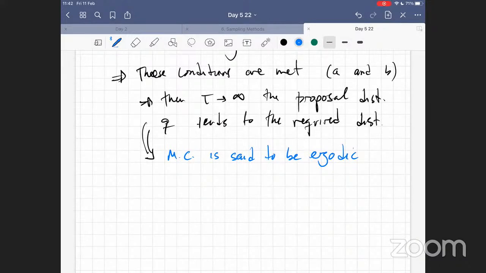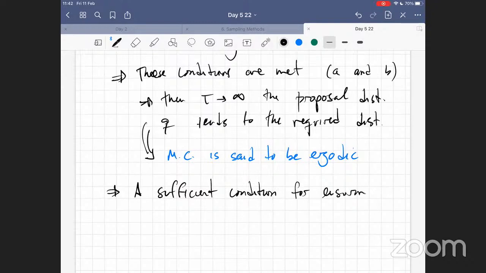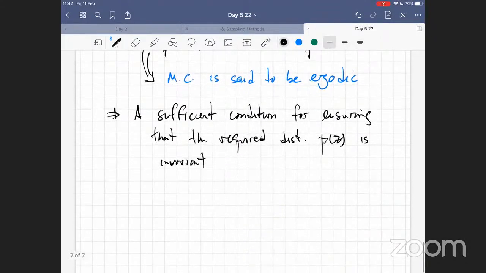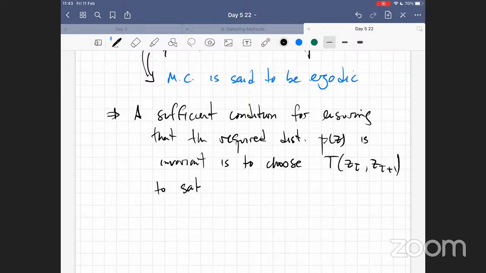And actually, there is a shortcut for having this property. The shortcut is that a sufficient condition, and this is just sufficient, for ensuring that the required distribution, this P of Z, is invariant, is to choose these transition probabilities, Z tau plus 1, to satisfy something which is called detail balance.